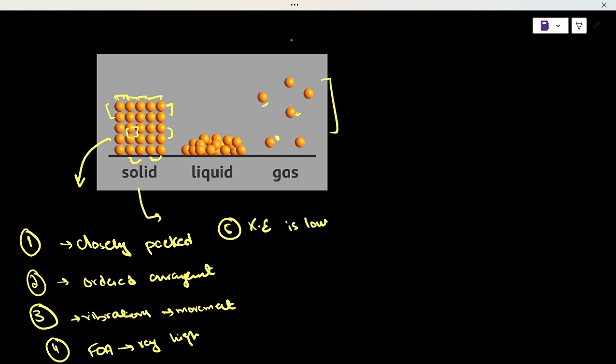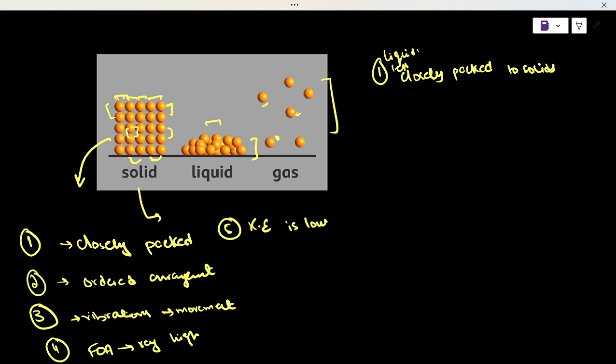For liquid, the first idea is this one. The particles in liquid are still close, but not that close. There is some distance between them. So the word we can use is that they're still closely packed, or you can say less closely packed compared to solids.